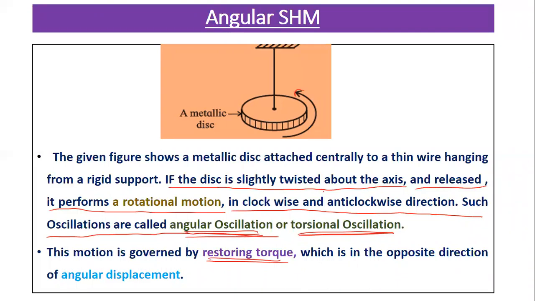You know that when we twist this wire, or apply a force in the clockwise or anti-clockwise direction, and release it, some restoring force is developed in the wire, and because of that the disc shows clockwise and anti-clockwise motion. Basically, a restoring torque is developed here, which is opposite to the angular displacement.